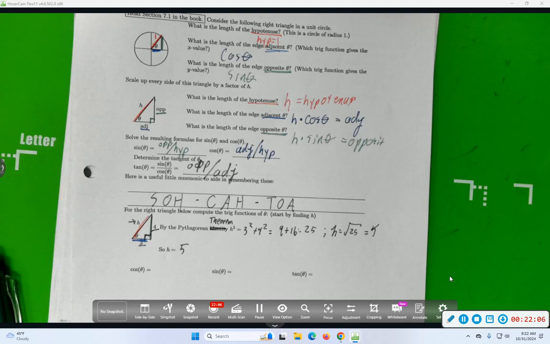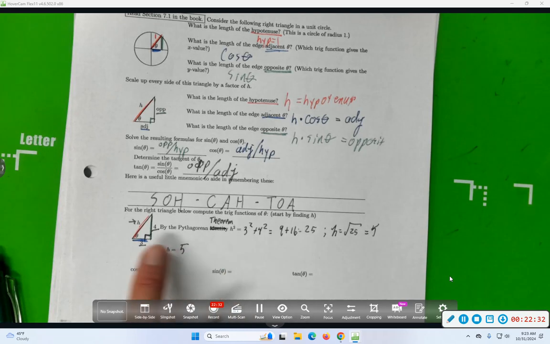We'll come across that same string of numbers enough times in this class that eventually you'll just realize, oh, if I see a right triangle with a 3 on one side, a 4 on the other, then the hypotenuse is length 5. Or if you see a 3 on one of the legs and a 5 on the hypotenuse, you'll just know that the other side has to be 4. You can solve for it, but you can also just remember it. This is what's called a Pythagorean triple.